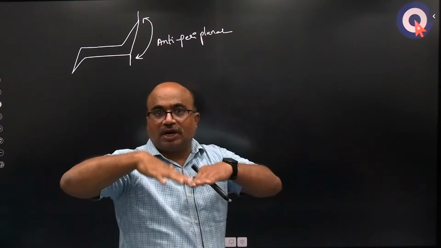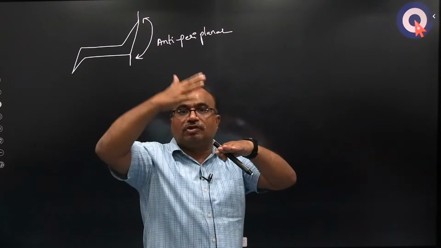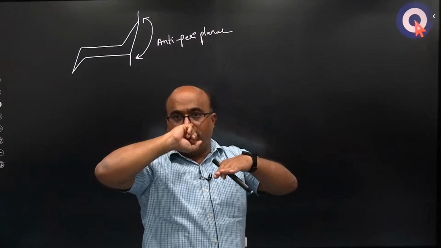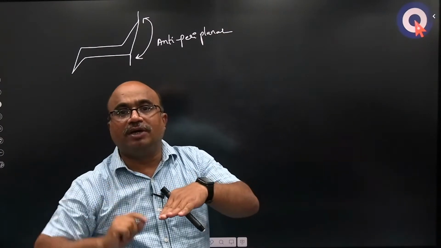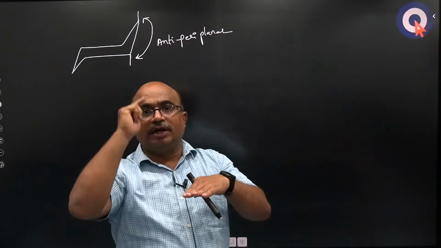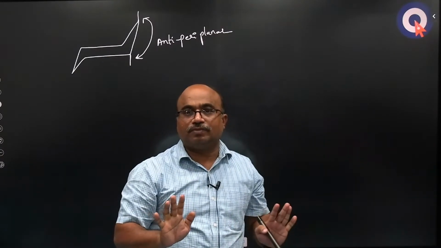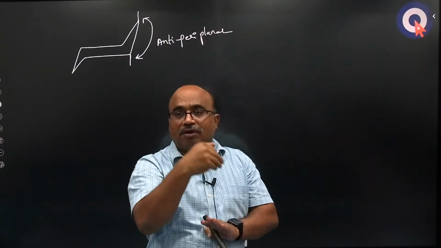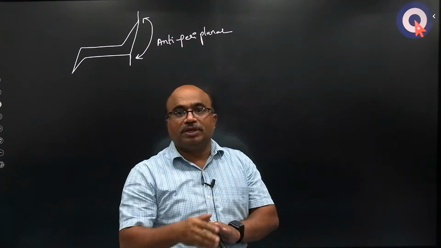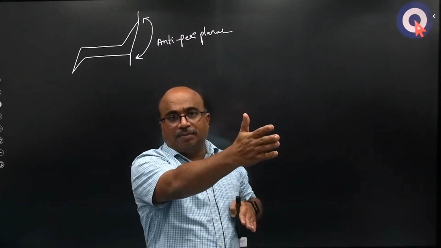So the leaving groups during the E2, because the simultaneous pi bond formation starts, both the leaving groups must always be in diaxial, anti-periplanar position. Even if it is the equatorial position, the equatorial position may be above and below, but they are not completely anti-periplanar.